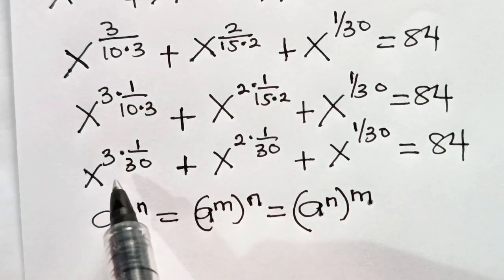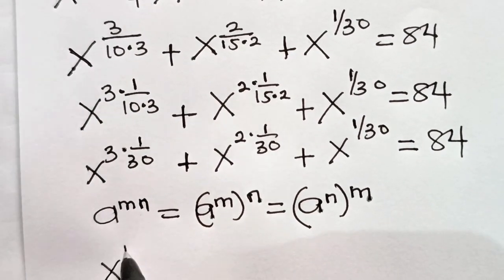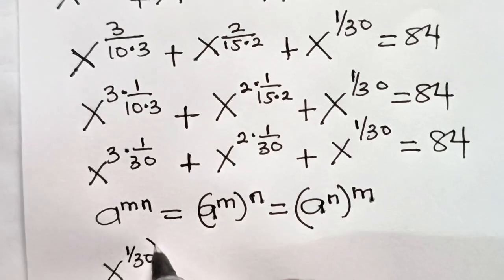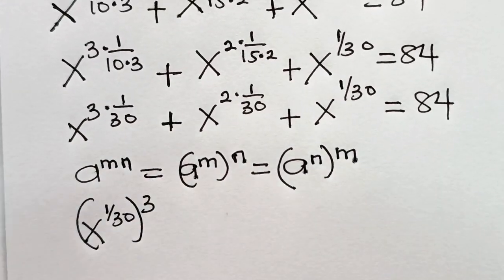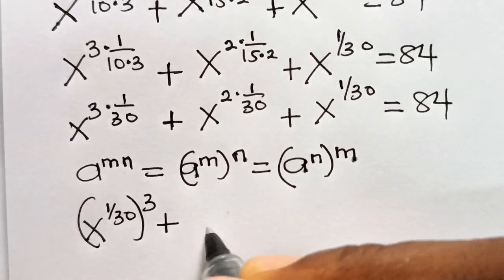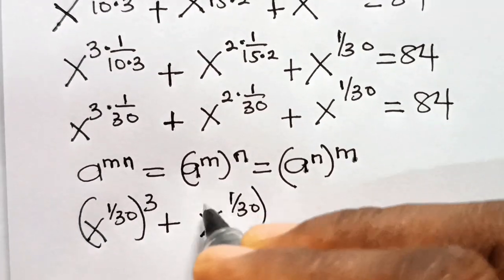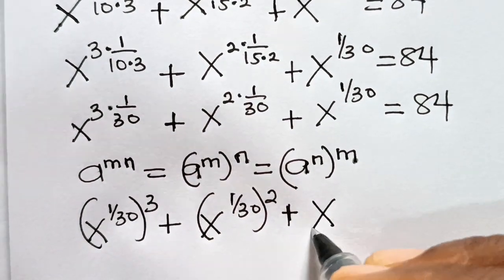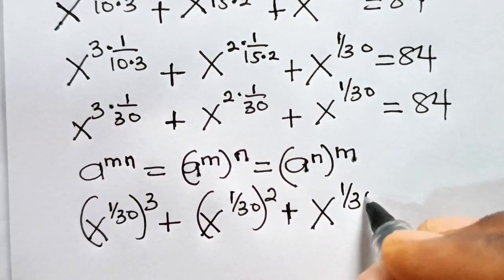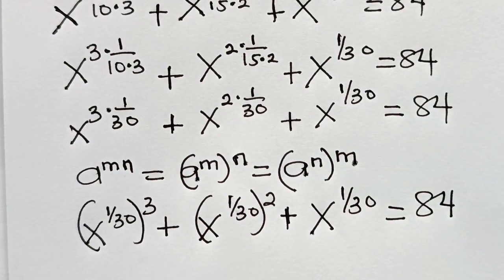So that means that we can write this as x to the power of 1 over 30 raised to the power of 3, plus x to the power of 1 over 30 raised to the power of 2, plus x to the power of 1 over 30 is equal to 84.